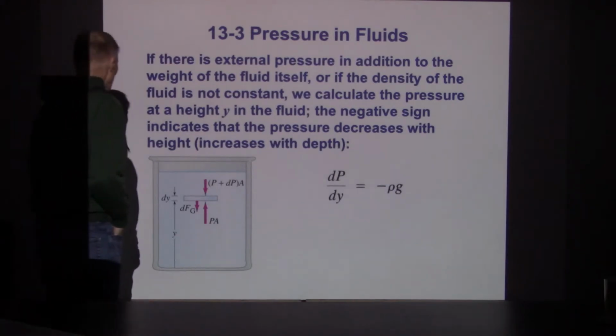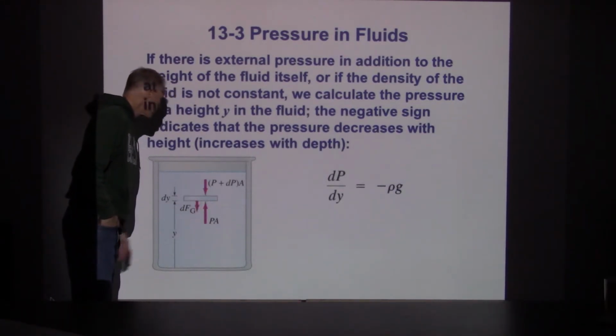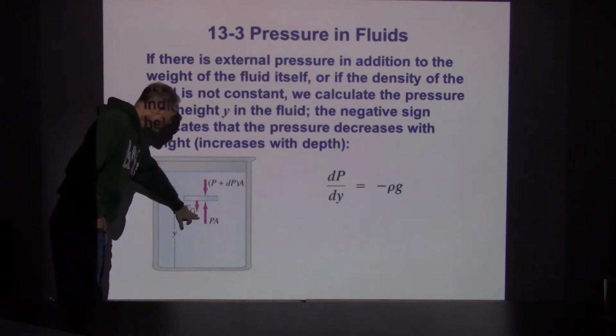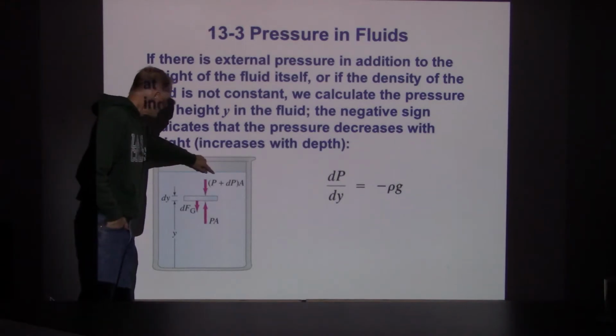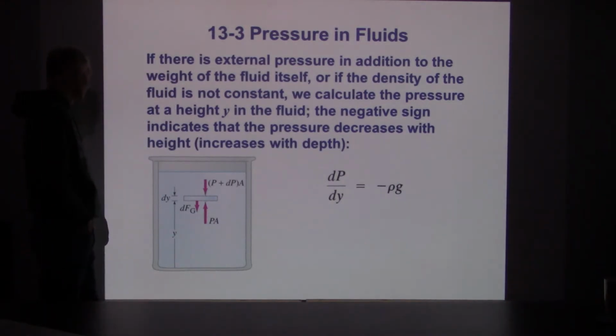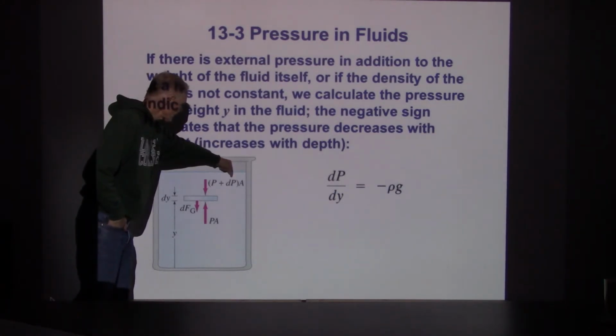So this is just kind of repeating the same thing. If we have a sample of the fluid, here is the pressure. Here is the force from below, pressure times area. Here is the force from above. So I see how they're doing this. This dp is actually going to be a negative value.